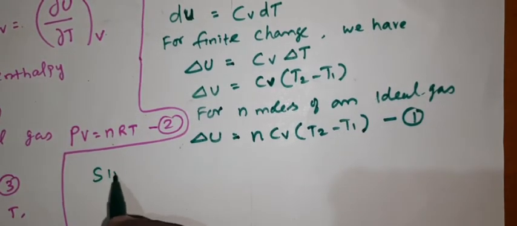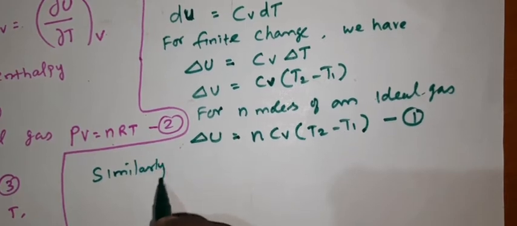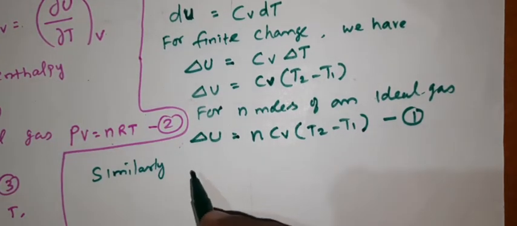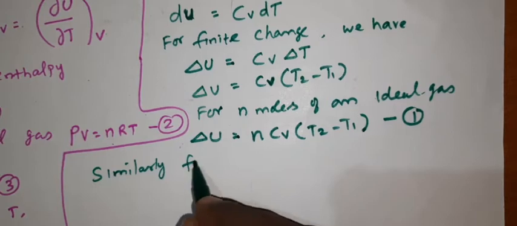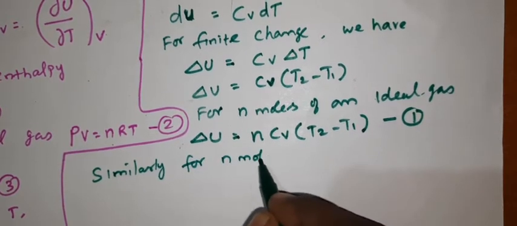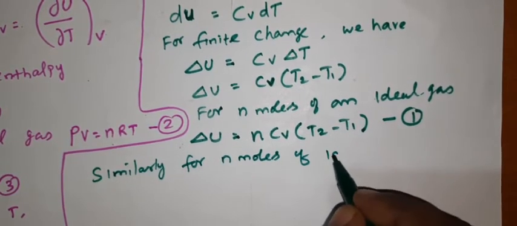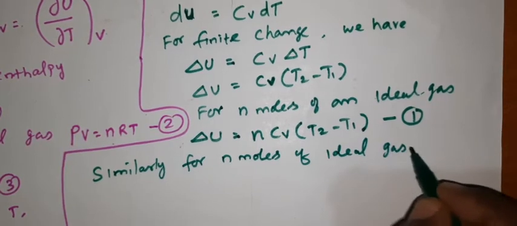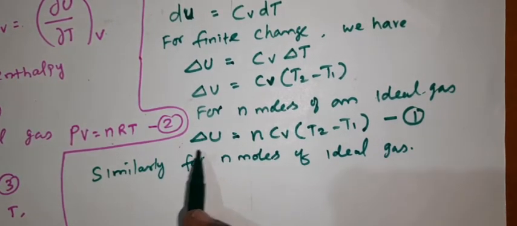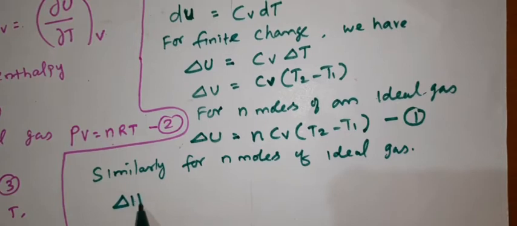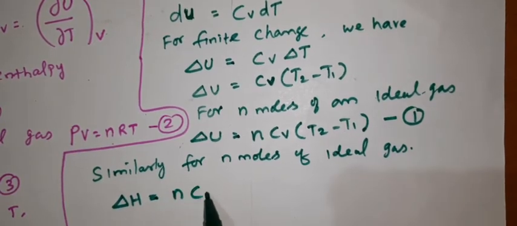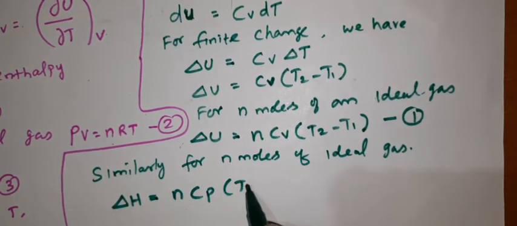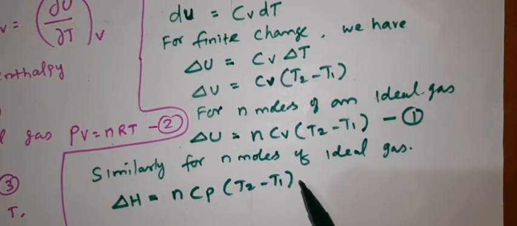Similarly, for n moles of an ideal gas, delta H equals n Cp into T2 minus T1.